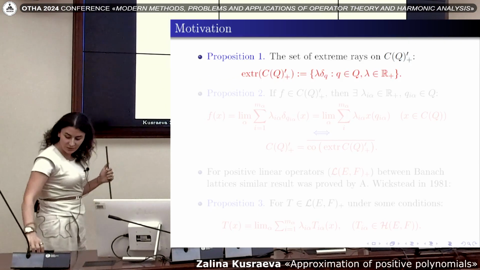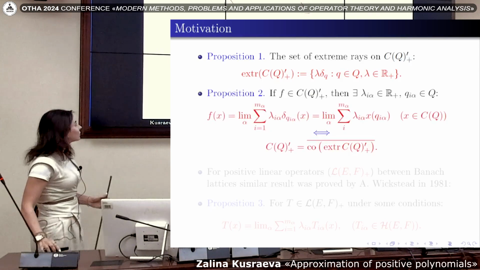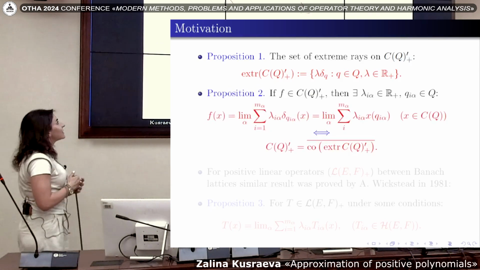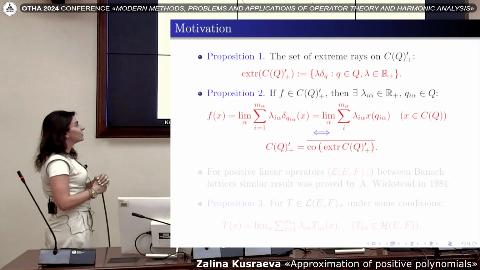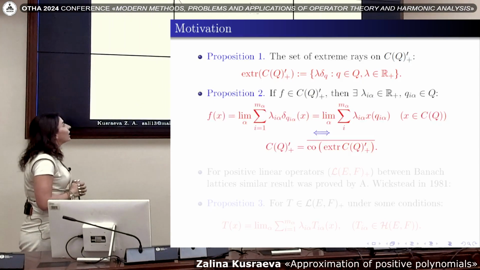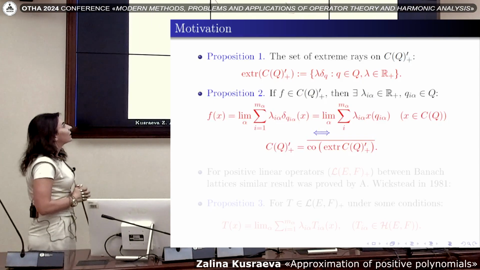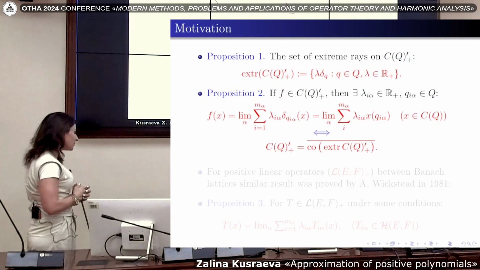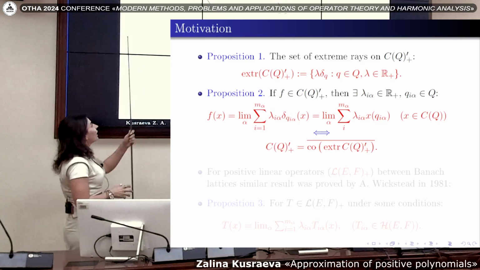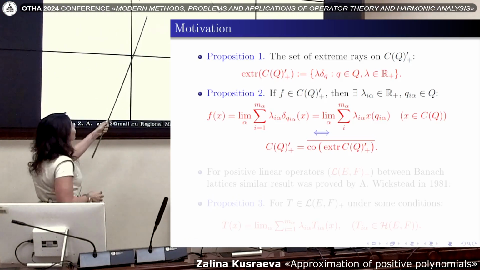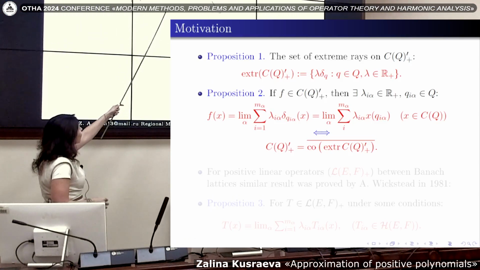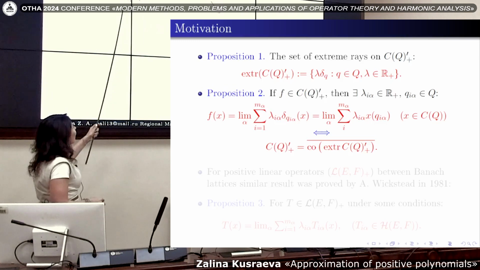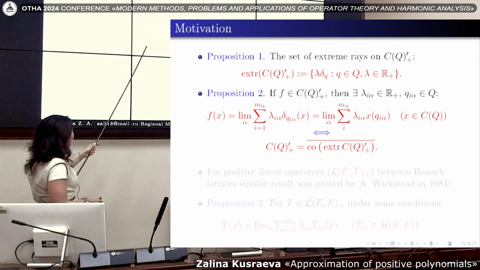And the second statement says that in the space of continuous functions on Q, each positive element can be approximated by the pointwise limit of linear combinations of Dirac measures with positive coefficients. This can be rewritten in this form.